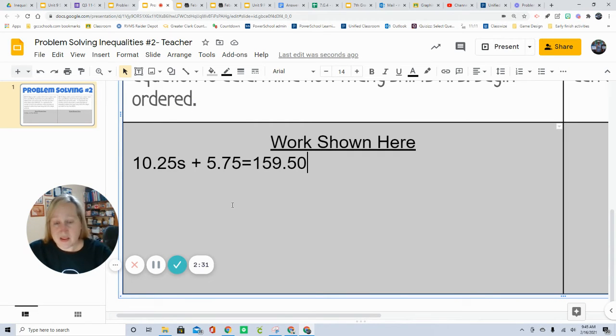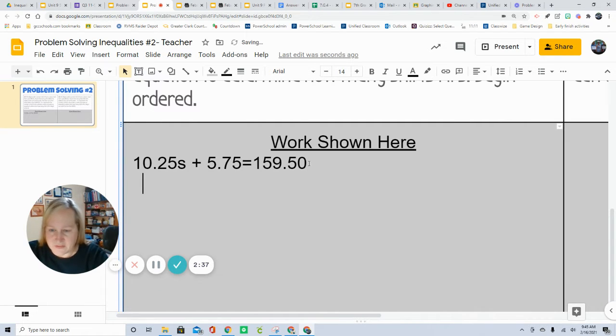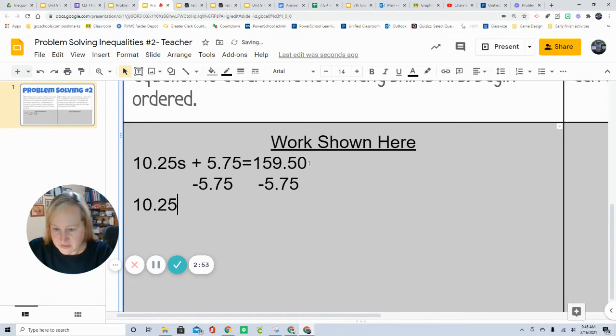All right, now that I've typed it, I do what I normally do. I am going to move the $5.75 over by subtracting $5.75 from both sides. Okay, that leaves 10.25S on this side, equals $159.50 minus $5.75. You should do that by hand.